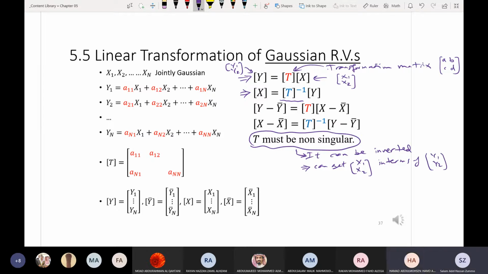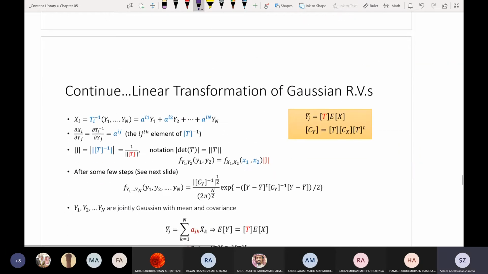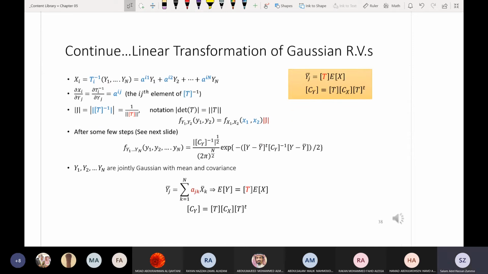So basically I have here y1, y2 equals T, which is a 2 by 2 matrix, multiplied by x1, x2, which means that the vector x is the inverse transformation matrix, T inverse, multiplied by y. And we assume that T is non-singular. Okay, so now, in this case, a linear transformation of Gaussian random variables results in Gaussian random variables as well.